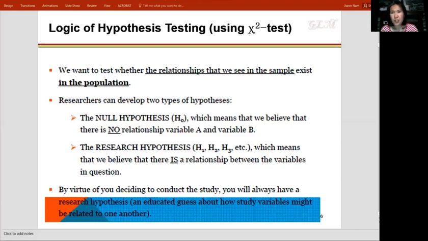So statistically, we use a null hypothesis, and if we have enough evidence to reject the null hypothesis, then indirectly you can argue that the researcher's hypothesis is okay for the moment.